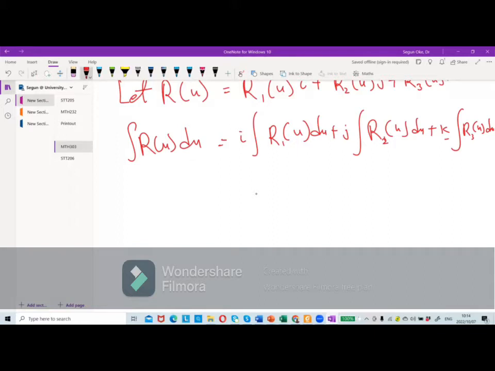We call this the indefinite integral of r of u.